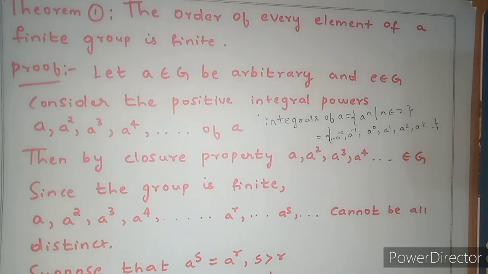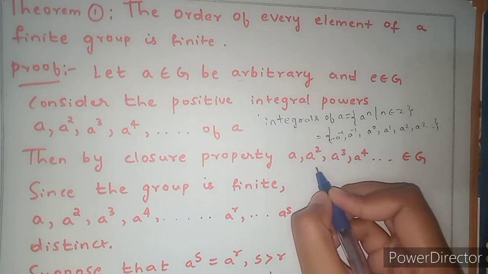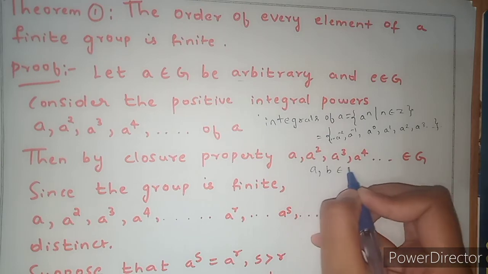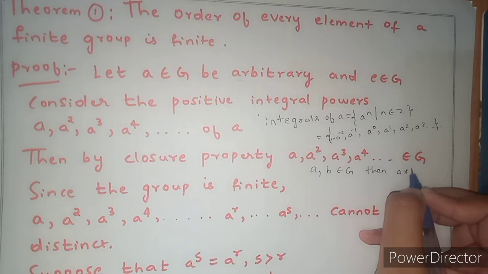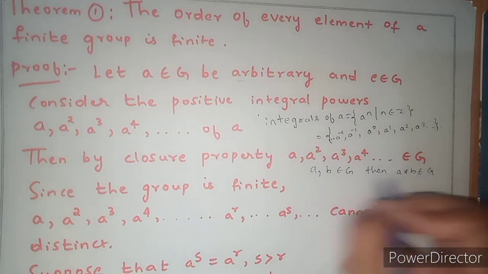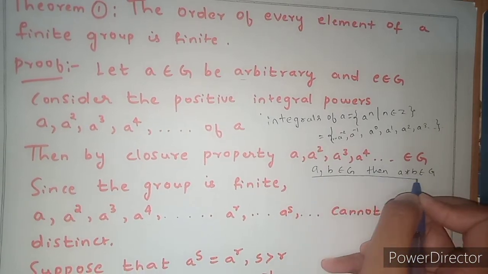Then by closure property a^2, a^3, a^4 belong to G. First, what do you mean by closure property? If a, b belong to G, then a star b also belongs to G. So this is the closure property.